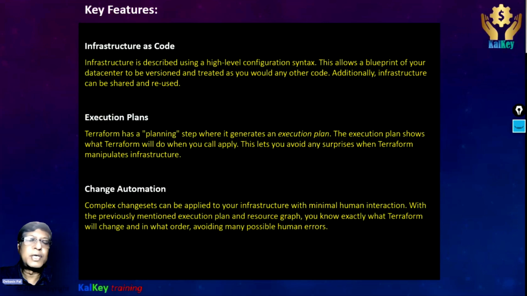So the key feature of Terraform is infrastructure as code. You can code the infrastructure, like you can code the pipeline over GitLab. The coding is so simple, and these are declarative scripts you create, and there is umpteen help, documentation and examples.